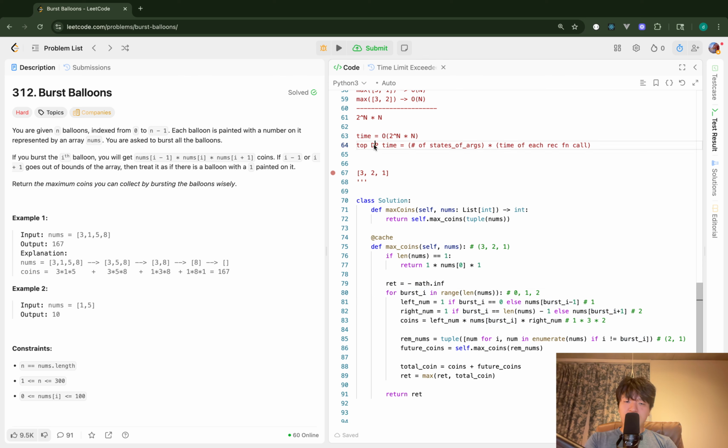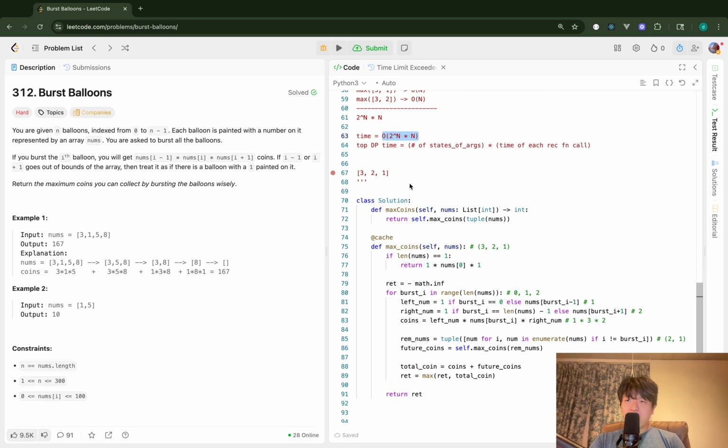In this formula, I must not include the time of the recursive function call; I should exclude that other recursive function call, say, line 86, max coins. So the time complexity of each recursive function call is O of n. In total, it should take O of 2 to the n times n. So that was the time complexity.